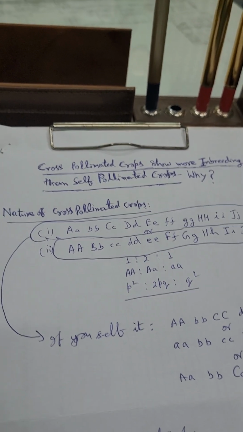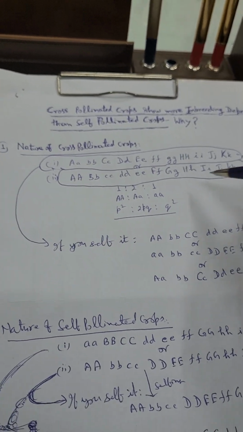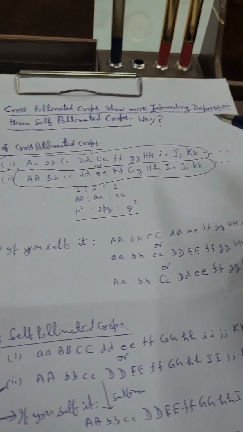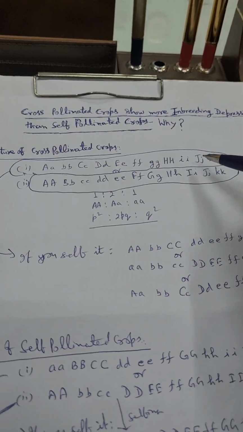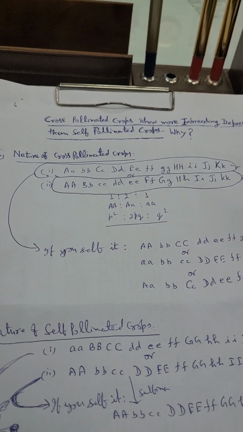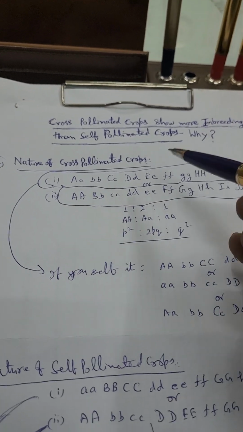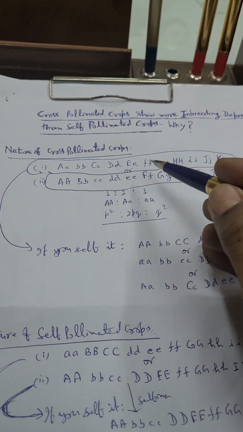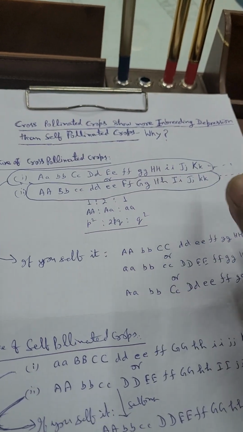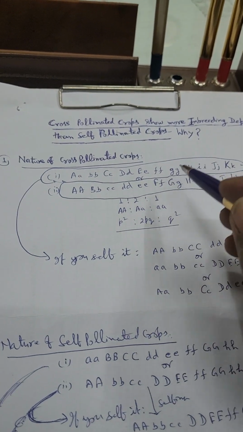OPBs are synthetics or composites, not hybrids. Because in natural condition, whatever you have in cross-pollinated crops are open pollinated varieties. So their genetic architecture is heterozygous in nature. What do you mean by heterozygous?